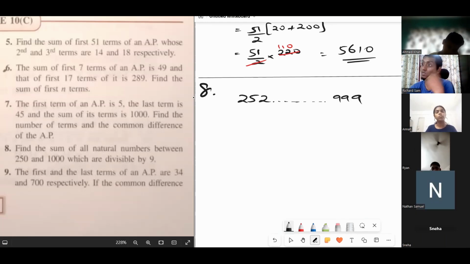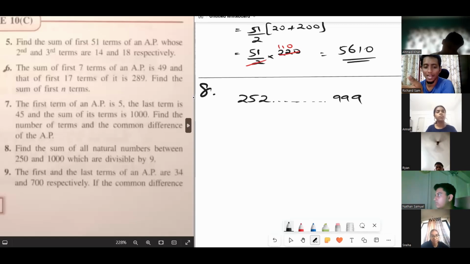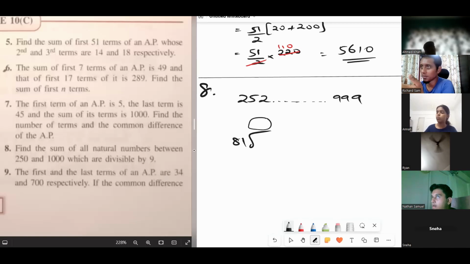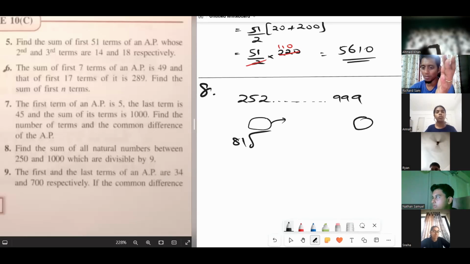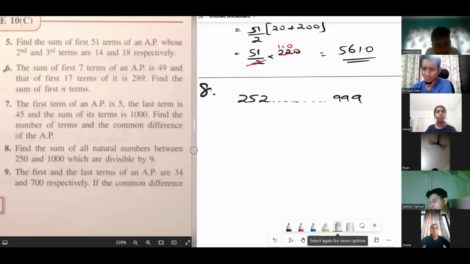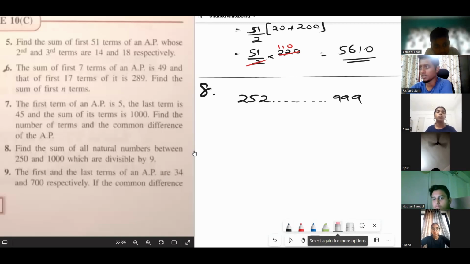Like in yesterday's question, we had divisibility of 81 or something. For that, we had to divide with 81, and for the first number, we had to see the number after this, and for the last number, the number before that. We had to use some tricks to find out the AP. But for 9, it's quite easy because we know the divisibility test.